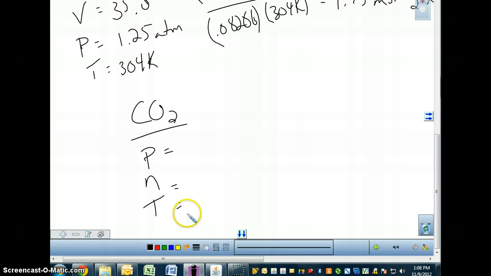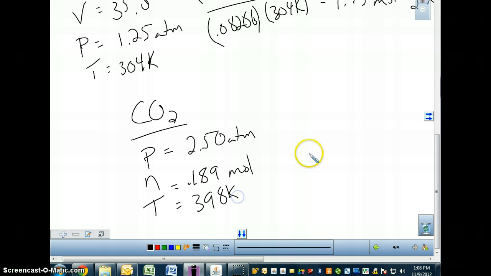My pressure, right out of the question, is 2.50 atmospheres. My number of moles I just determined to be 0.189 moles. And my temperature converted into Kelvin is 398 Kelvin.